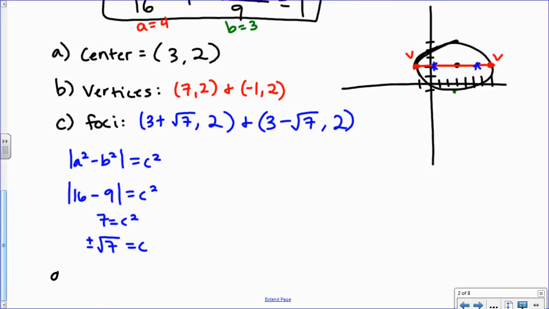And then we wanted to find the endpoints of the minor axis. Okay. So the minor axis is the vertical axis. So those points then are 3, 1, 2, 3, 4, and 3, negative 1.